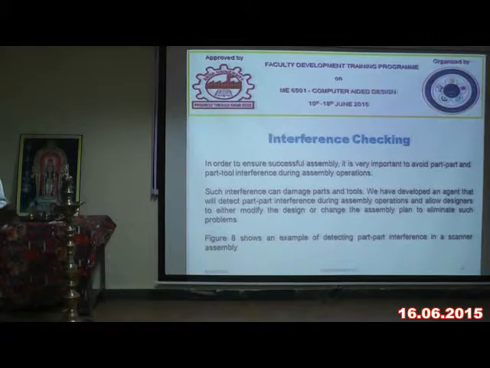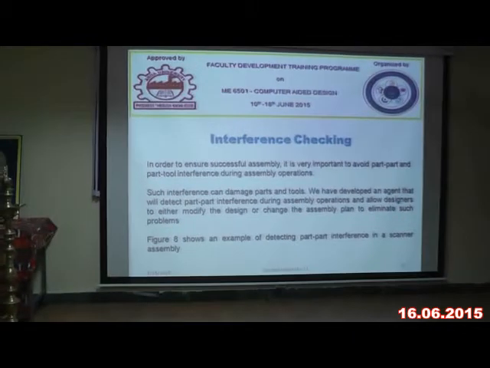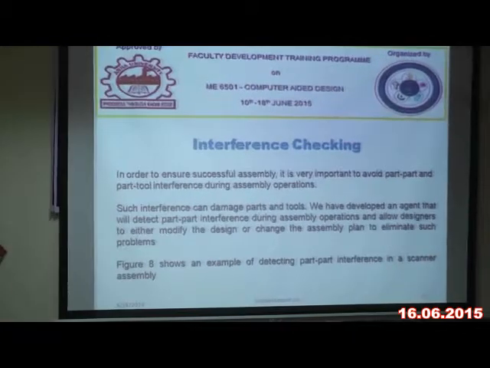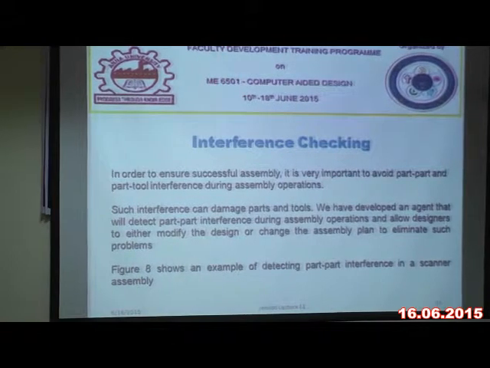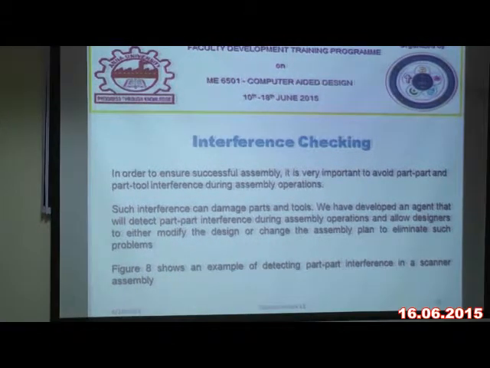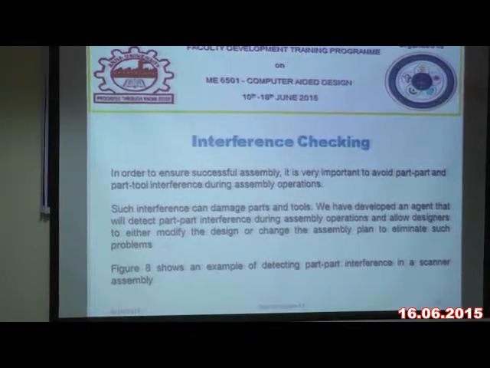To ensure successful assembly, it is very important to avoid part to tool interference. Sometimes the parts are fine, but the tool interferes in the manufacturing environment, so the tool should also be positioned properly in the assembly operations. Such interference can damage the parts and also the tools.